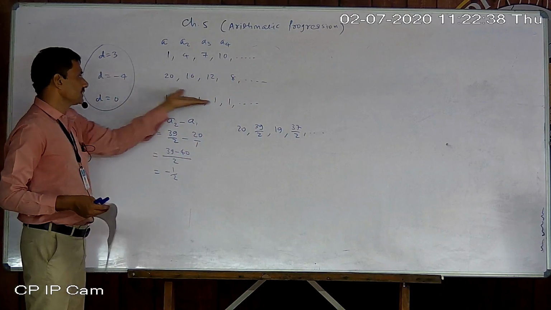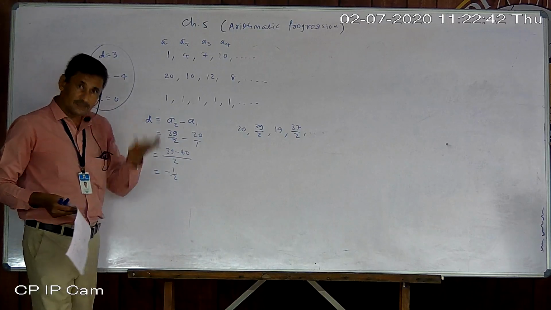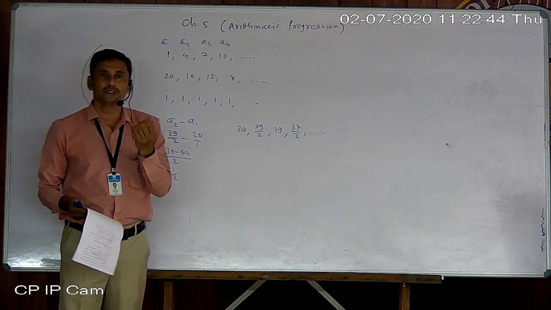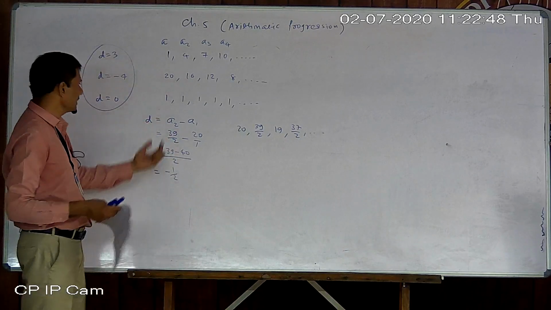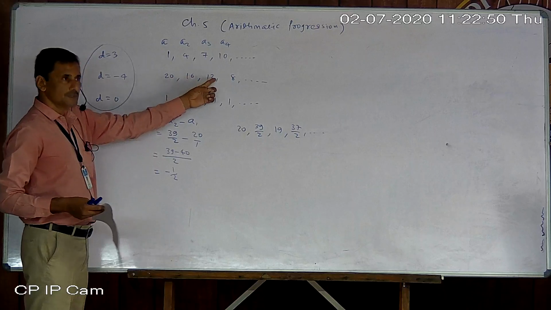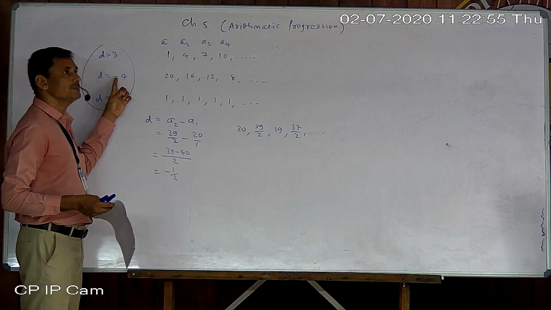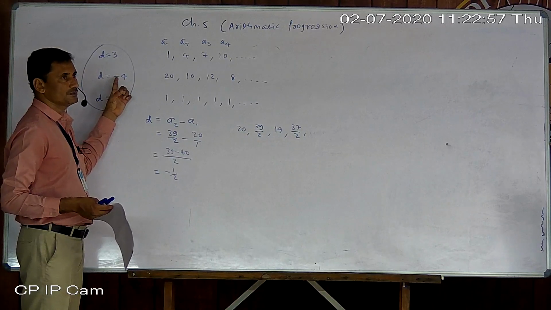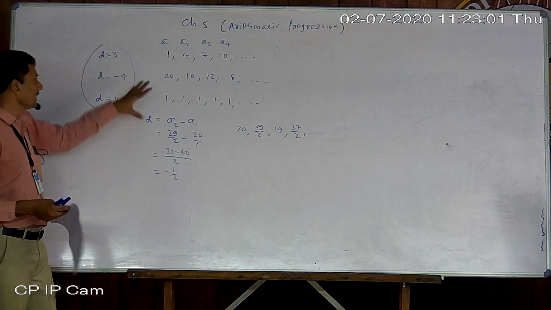If the progression is steady, then D is always 0. So keep this in mind also, so that sign mistakes can be avoided. It is decreasing, so obviously it must be negative only, not positive. Okay, so this is the basic of arithmetic progression.